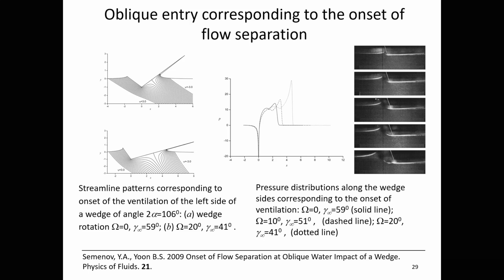On the right-hand side of this slide are shown experiments, and we determined that the flow separation corresponds to a special behavior of the pressure on the leeward side of the wedge. So the pressure only became negative, and in this case even a small amount of air makes the total separation of the flow from the wedge side.